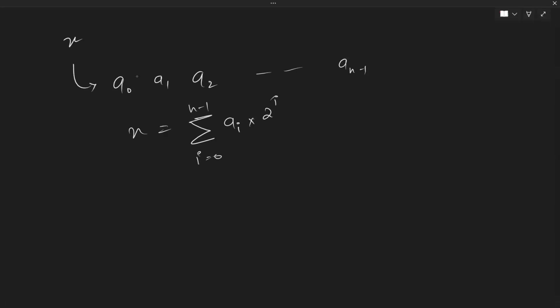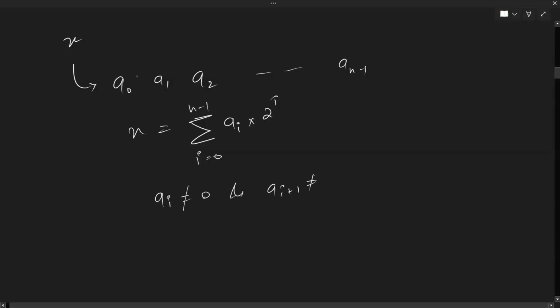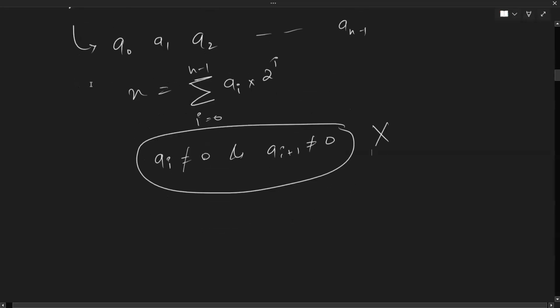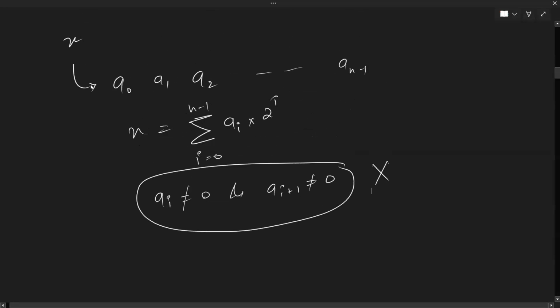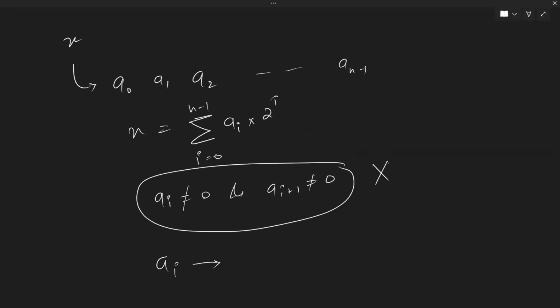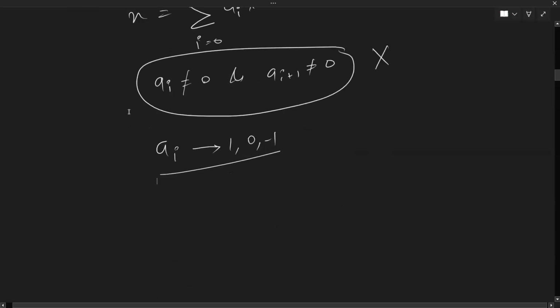And the next thing is that ai is not equal to 0 and ai plus 1 is also not equal to 0. This shouldn't exist. Two adjacent places cannot be non-zero. And there is one more condition that ai is either 1, 0, or -1. Only these values.